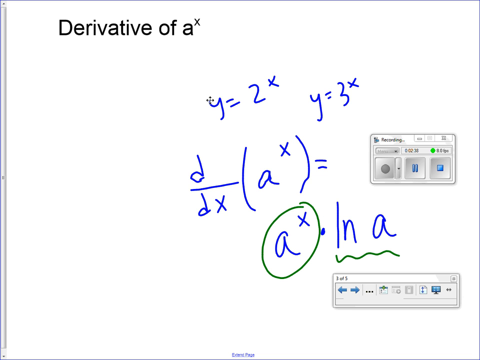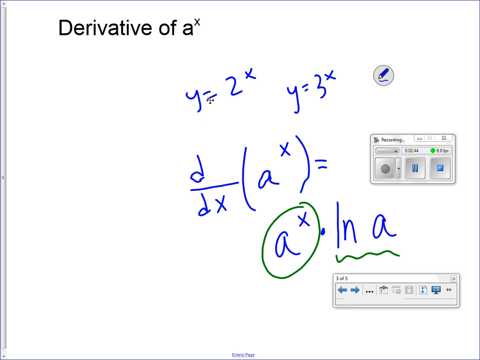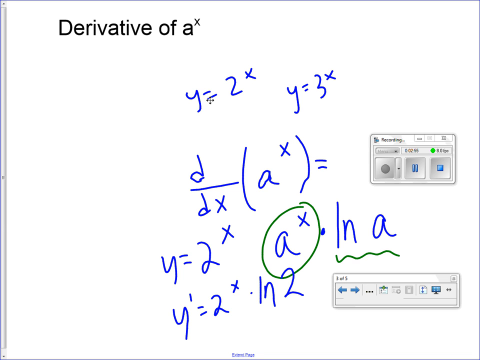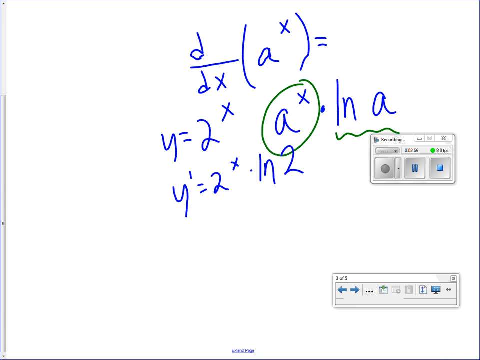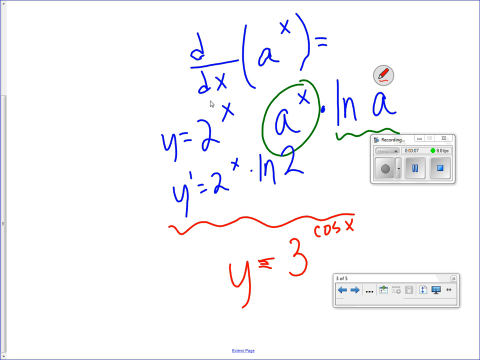So if we want to take the derivative of y equals 2 to the x, we start by repeating it, and then we multiply it by the natural log of the base. Just like we saw with the e to the x, there can be chain rule. So what if we have 3 raised to the cosine x?